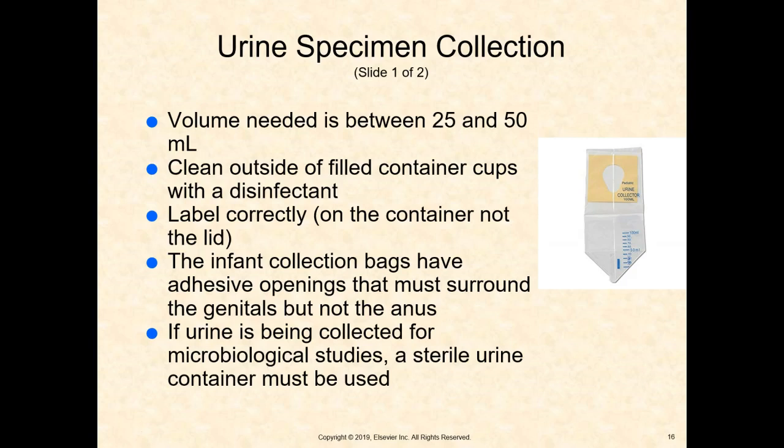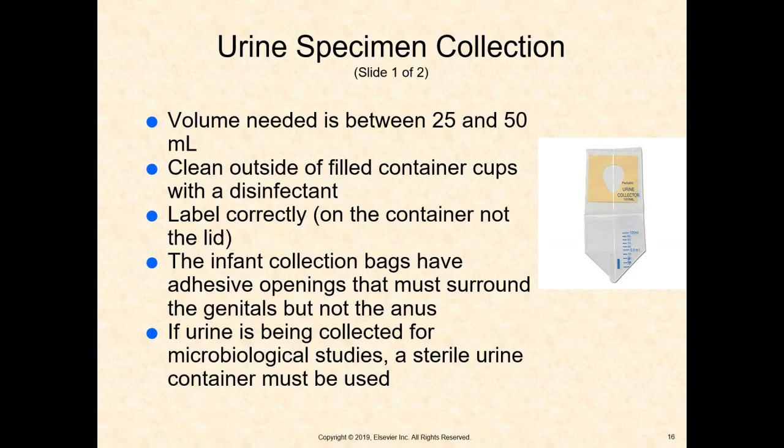Infant collection bags must have adhesive openings that surround the genitals, but not the anus, because we don't want to get feces inside. I have a picture of one of those right here. It's very difficult to get a urine specimen from a baby. So what they do is this yellow part right here is sticky, and they stick that to the baby's genitals.